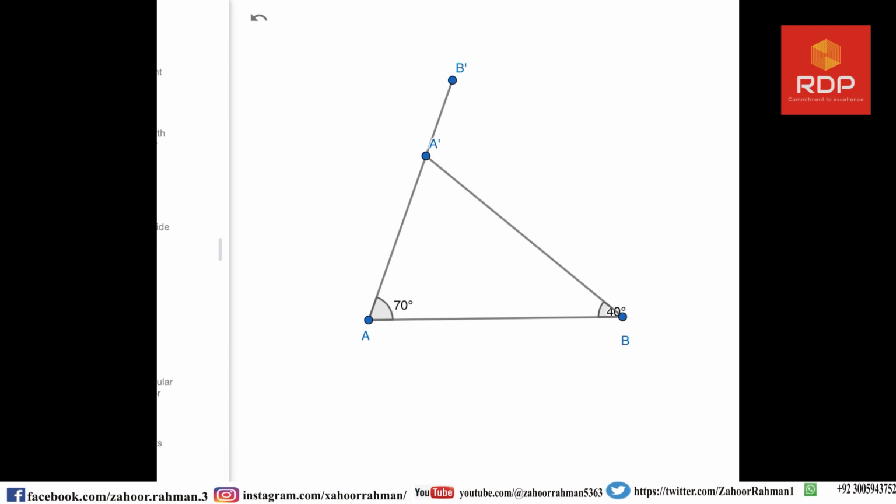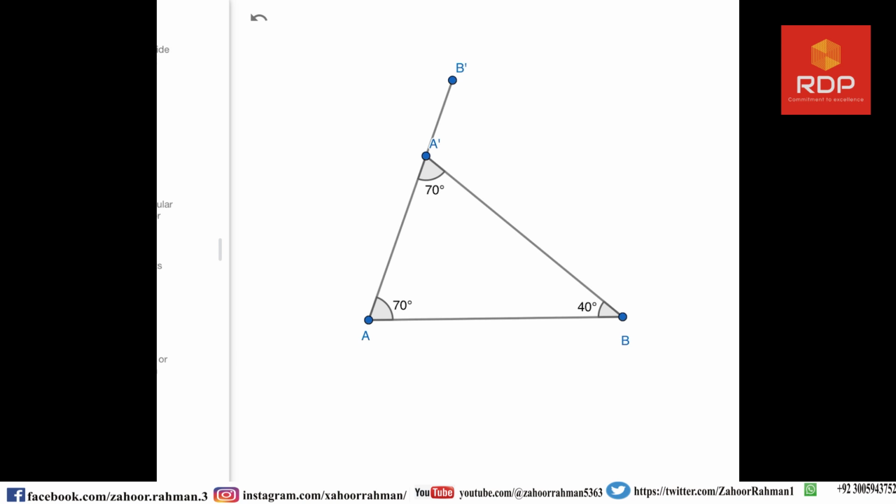This is 70 degree and this is the 40 degree. We have to measure the angle A, and let us measure this A dash and B angle, and you can see that it is equal to 70 degree, which is this one.